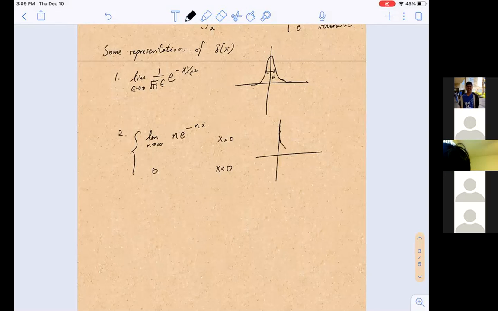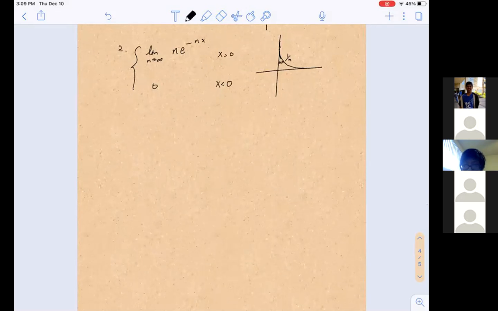So as n goes to infinity, 1 over n is like the width of this exponential decay. This width becomes shorter and shorter, and the area is still 1. So that's another representation.